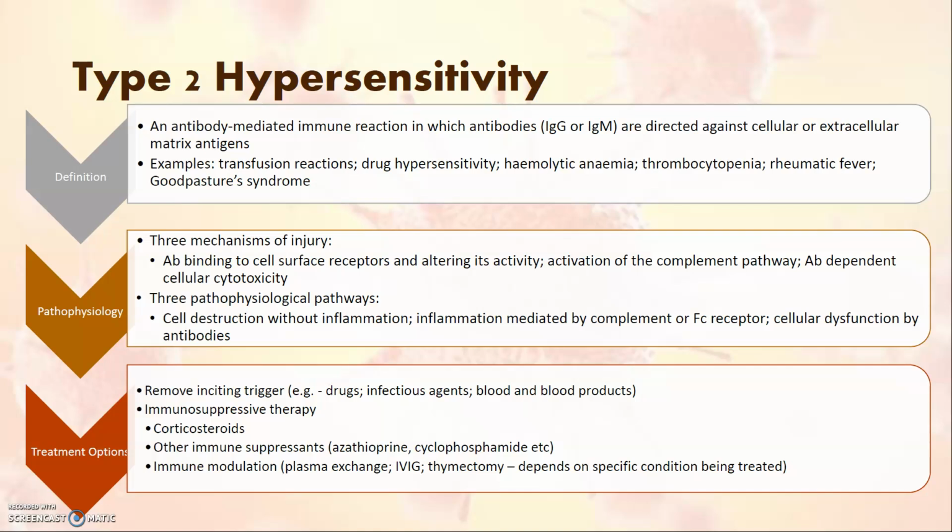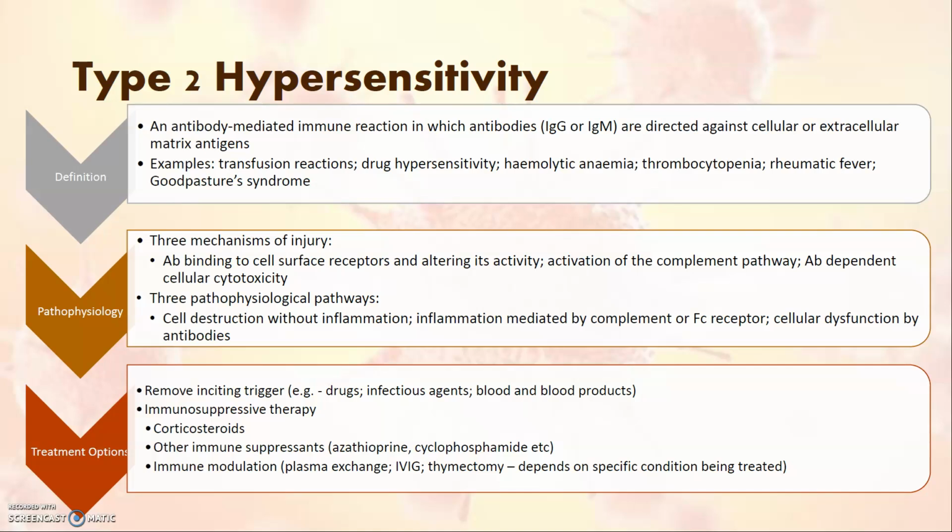This is a type 2 hypersensitivity reaction. It's antibody-mediated, IgG or IgM, directed against cellular or extracellular matrix antigens, and some examples include transfusion reactions, drug hypersensitivities, hemolytic anemia, thrombocytopenia, and the others that are listed.